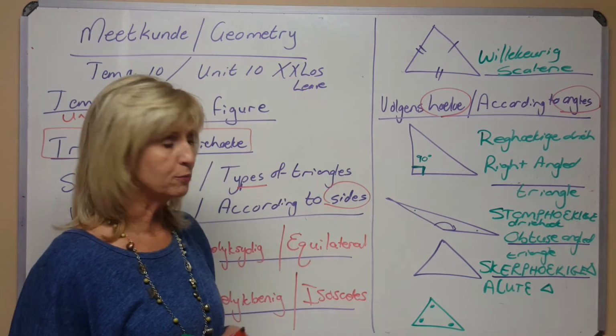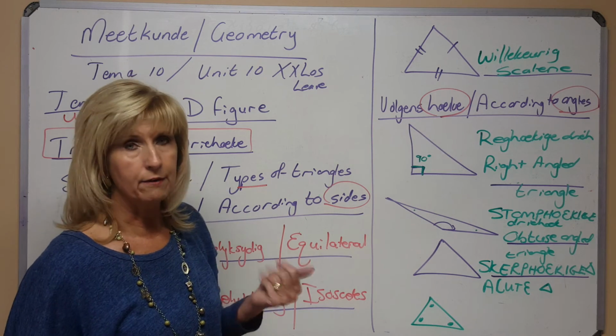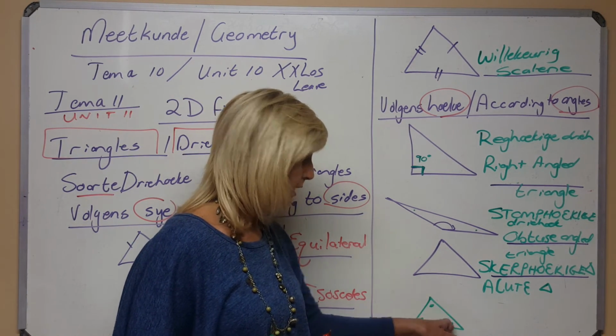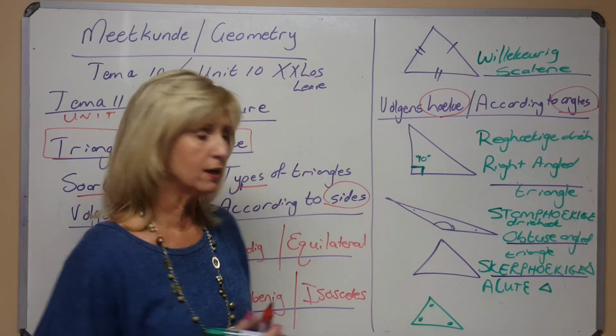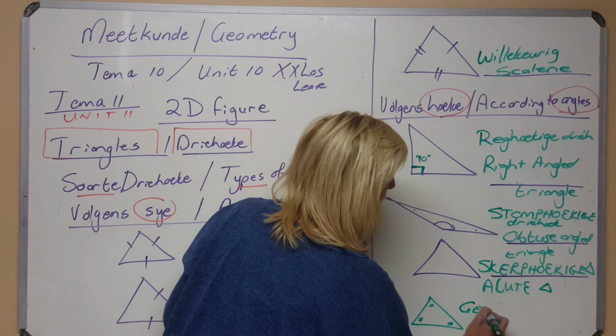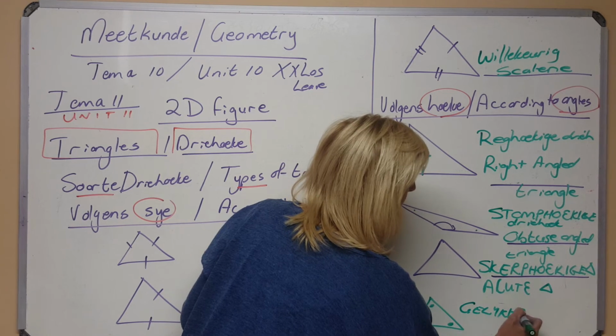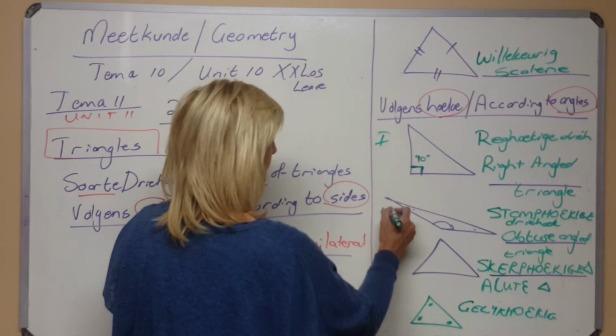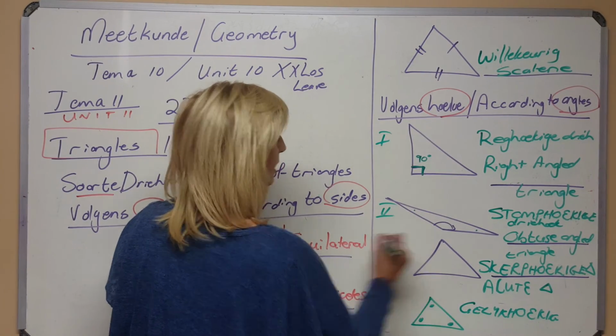Ietsie anders wat hulle in die handboek gebruik het, wat hulle nie regtig wil hê jy moet doen nie, is gelykhoekig. As al die hoeke ewe groot is dit gelykhoekig. But it's basically, there are 3 types according to their angles.